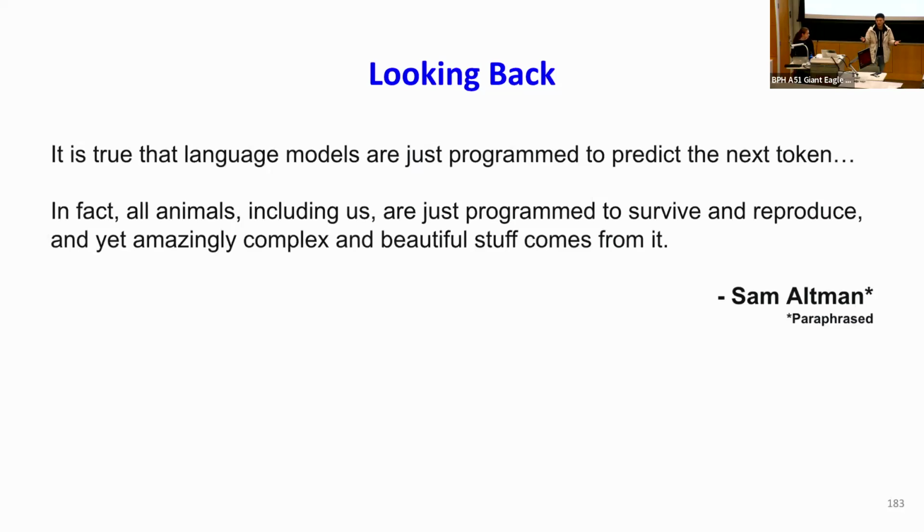And what does that even mean, right? How is that even important? It's true that language models are just trained to predict the next token, and there's nothing special about it. But to paraphrase Sam Altman, leader of OpenAI, in fact, animals, including us, are just trained in our genes to survive and reproduce. And yet here we are today.